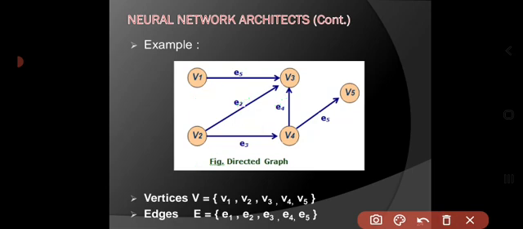All the vertices are interconnected with each other and have their weights. So this is the simple graphical representation of an artificial neural network, where V is V1, V2, V3 up to V5 or Vn, and edges are E1, E2, E3, E4 and En.